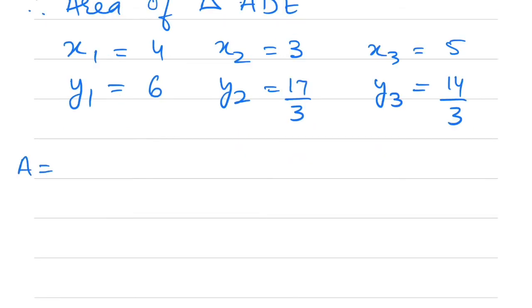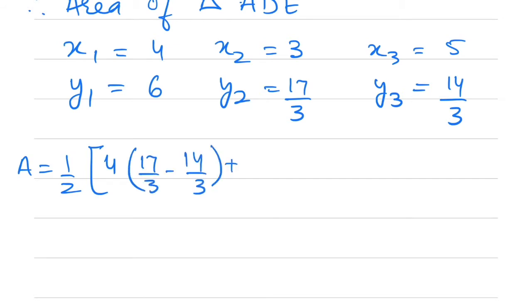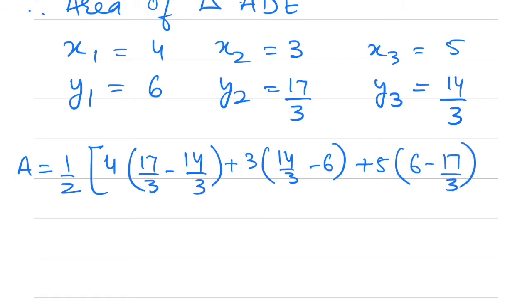Area is equal to half into [4 into (17 by 3 minus 14 by 3) plus 3 into (14 by 3 minus 6) plus 5 into (6 minus 17 by 3)].